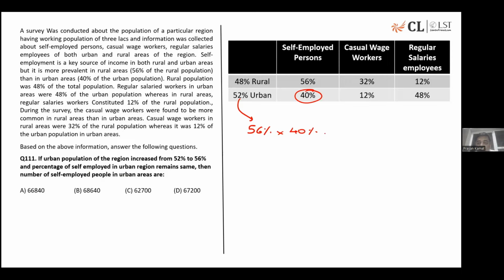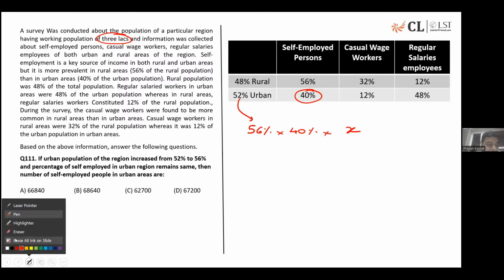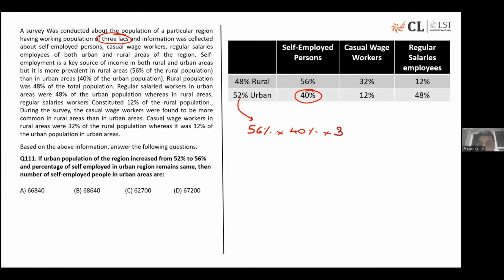Because if the total population is X, X का 56% belongs to urban, uska 40% is self-employed, and what is X? X is 3 lakh people. So instead of X, I can take it as 3. Forget the zeros. The zeros don't matter to me now. It's 3 lakh ka 56% ka 40%.